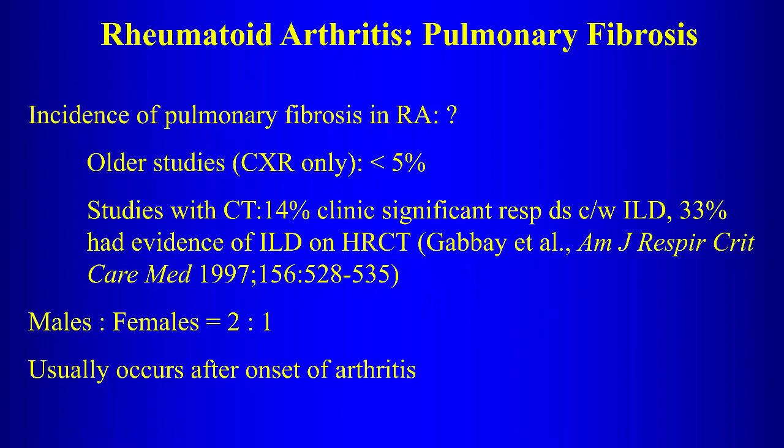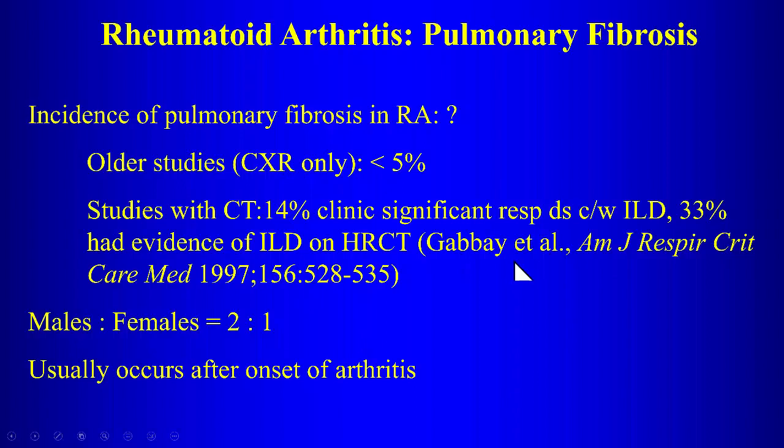Even though it's a very small percentage of patients with rheumatoid who develop interstitial lung disease, rheumatoid is such a common disease that it is not unusual to run into patients with rheumatoid arthritis who have pulmonary fibrosis. It might be more common than pulmonary fibrosis from idiopathic pulmonary fibrosis.